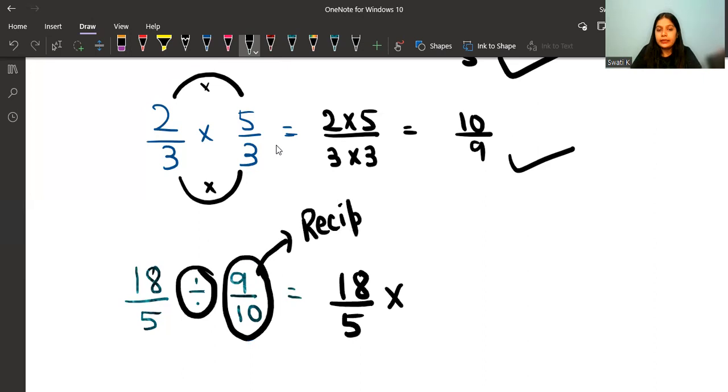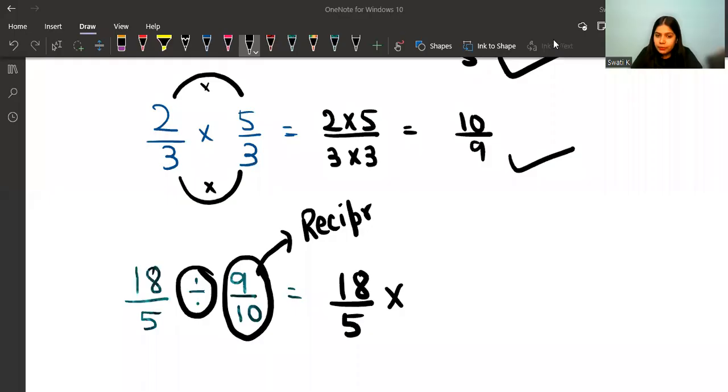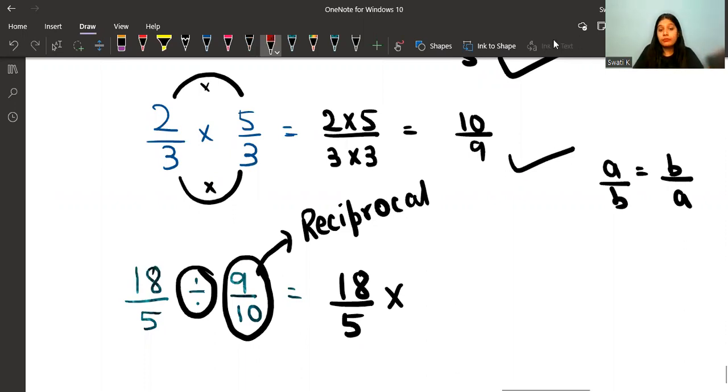Now, what is the meaning of reciprocal? The meaning of reciprocal is simply if you have a by b, the numerator will go in the denominator and the denominator will come in the numerator. That is it. This is the meaning of reciprocal. So what is the reciprocal of 9 by 10? It's 10 by 9. So it is going to be 18 over 5 times 10 over 9.